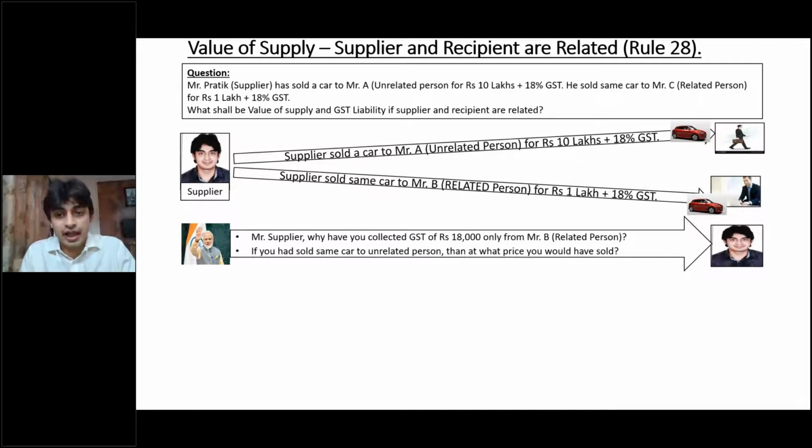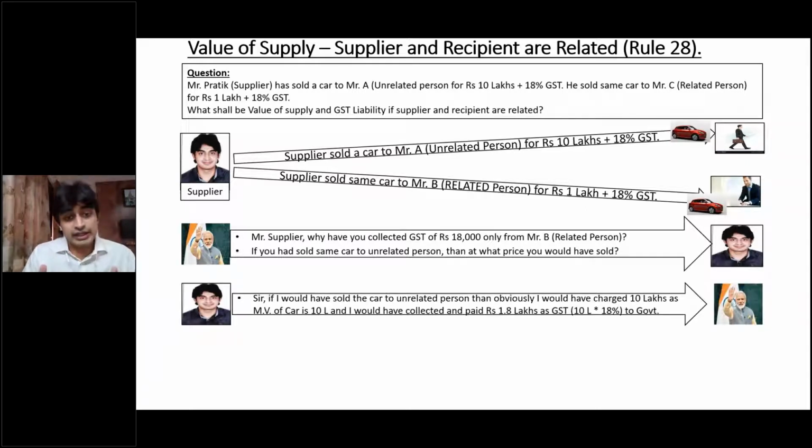If you had sold the same car to an unrelated person, then at what price would you have sold it? So I'm replying, if I would have sold the car to an unrelated person, then obviously I would have sold it for 10 lakh. In short, the market value of the car is 10 lakh rupees.